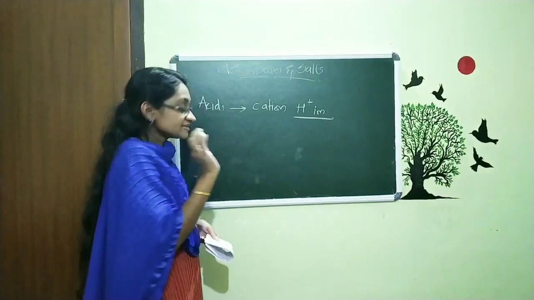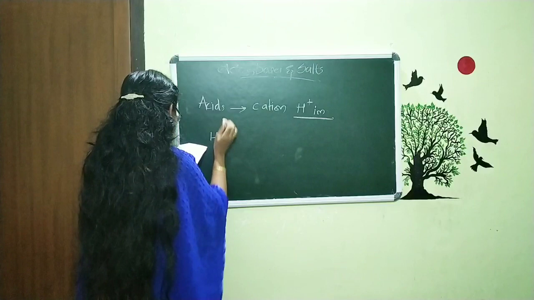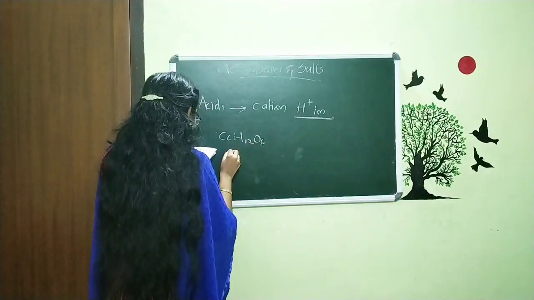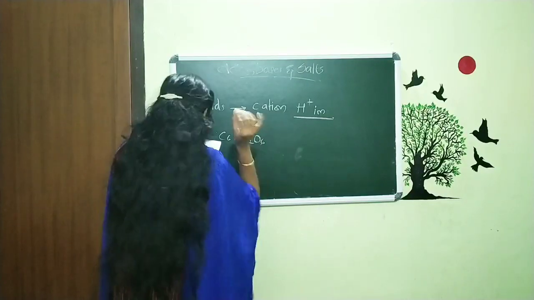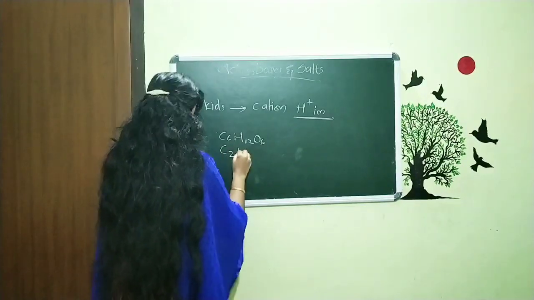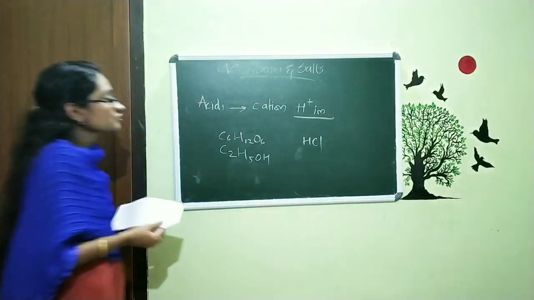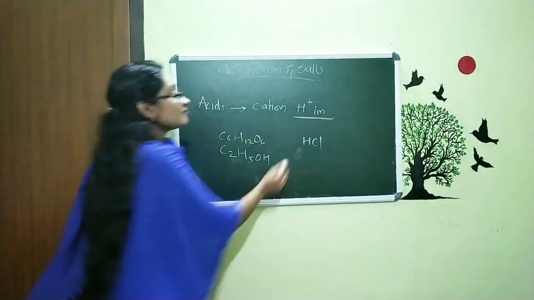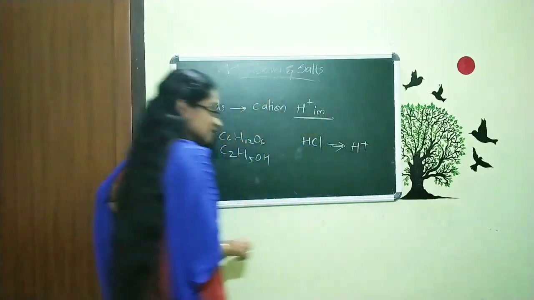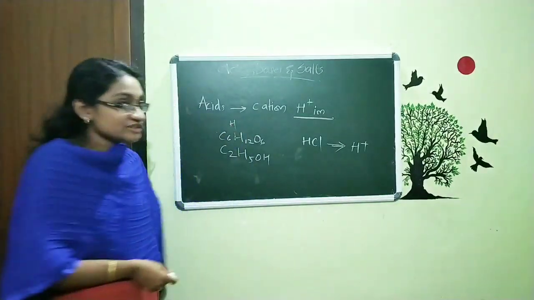And we said that for alcohol and glucose, that is C6H12O6 for glucose, and C2H5OH for alcohol, and HCl, now I am going to focus on the difference. Hydrochloric acid has the ion H plus, and here there is only hydrogen, not H plus.